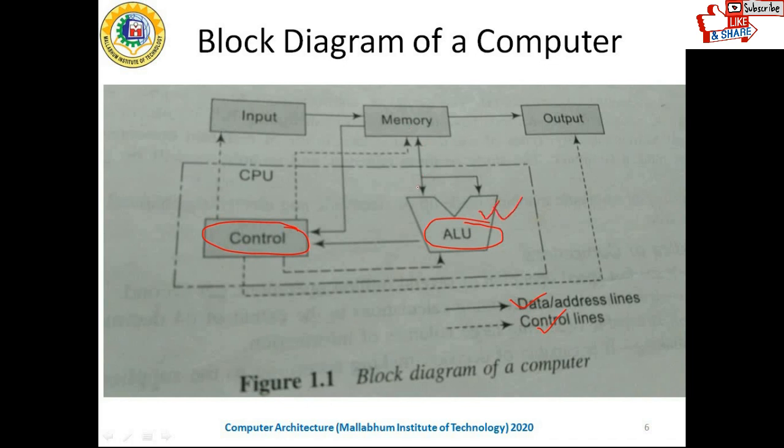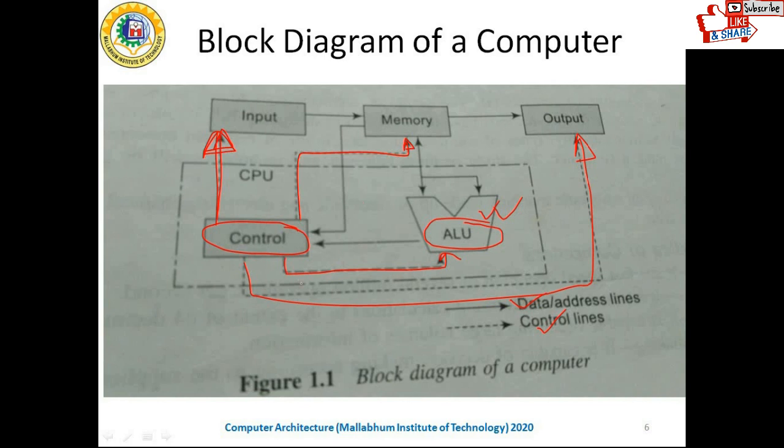And the control unit, as I have said, whenever data has to be read from a memory location, must provide the read signal, that is, input is provided. Whenever you have to write data to a memory location, it goes to the output port. So the control unit must provide the signal to the ALU and the memory also, because if you want to read the data from memory, then also.